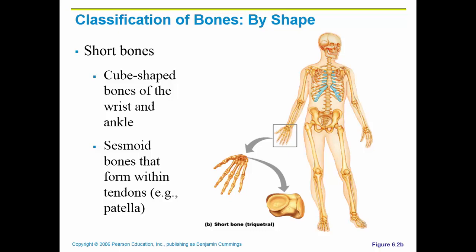And then you also have these things called sesamoid bones. Sesamoid bones are interesting because they are bones that form within a tendon. So, for instance, your patella, which is your kneecap, is actually a sesamoid bone, and it is going to grow inside something called the patellar tendon.